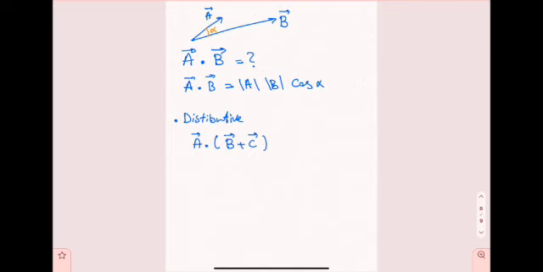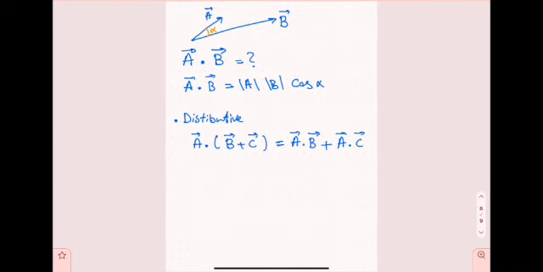Now, what do I mean that the dot product is distributive? I mean that here we have A dot B plus C. We can write this as A dot B plus A dot C. So we are allowed to distribute A to this parenthesis of B plus C and write it as A dot B plus A dot C. Okay, cool.